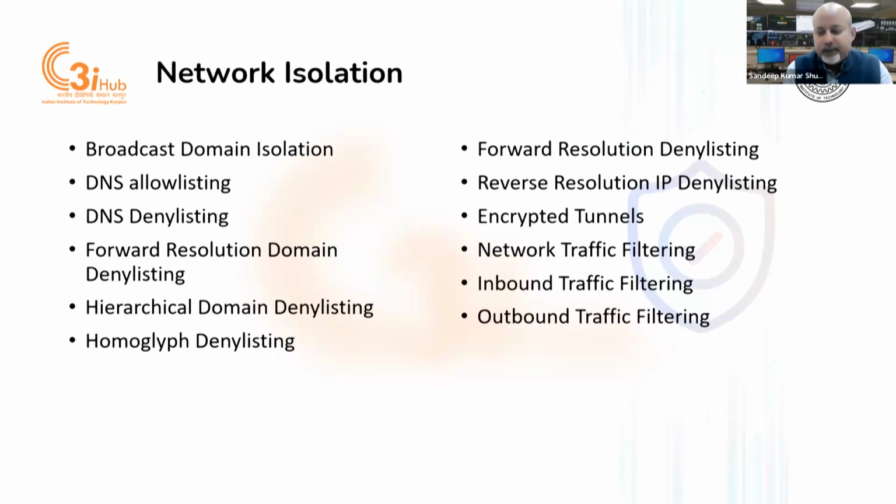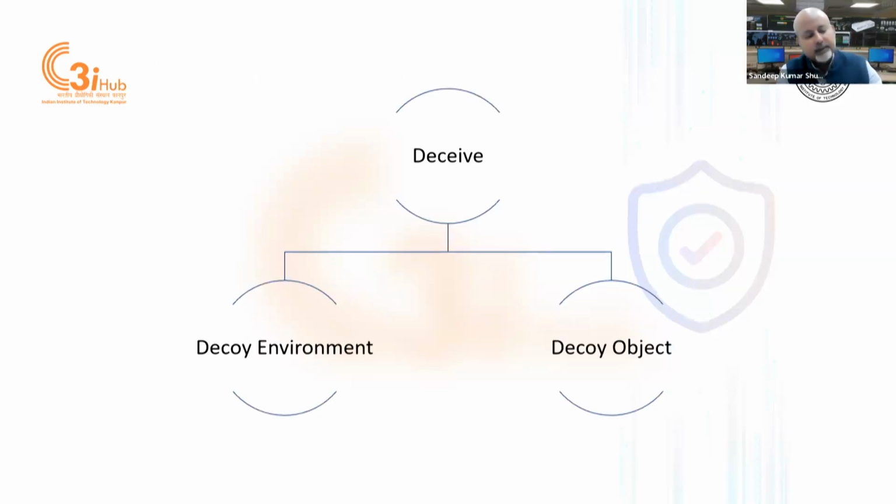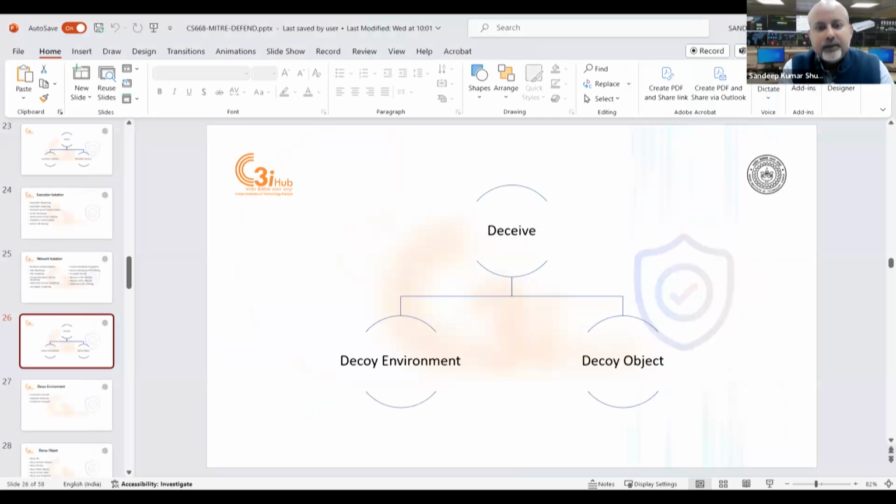Okay, so in the next lecture, we'll talk about deceive and decoy environments, decoy objects, and also eviction. But I would strongly suggest that you go to the D3FEND website, the MITRE website, and actually study these things.